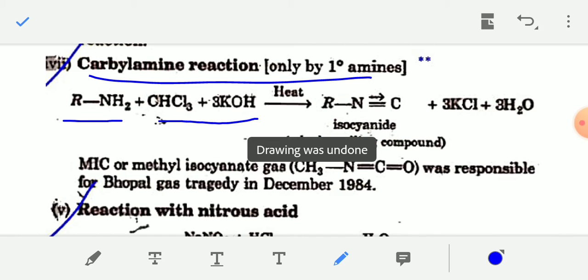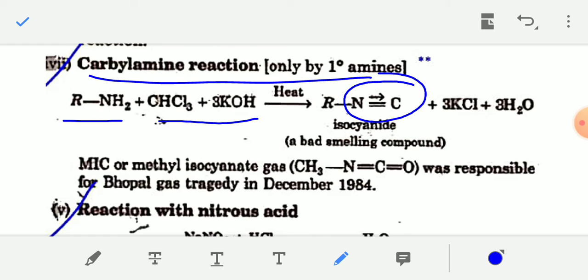When you heat a mixture of 1 degree amine with chloroform in KOH, you will get alkyl isocyanide, RNC. The NH2 group will be converted into NC. That is, amine will be converted into alkyl isocyanide, plus KCl and 3H2O.